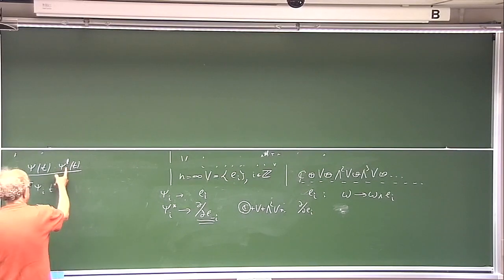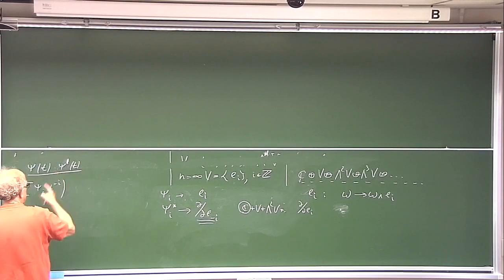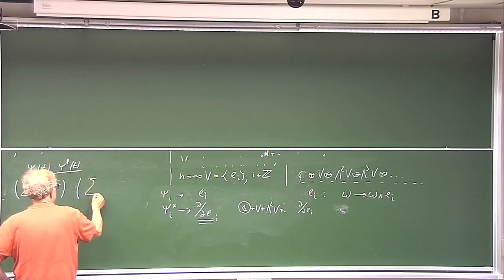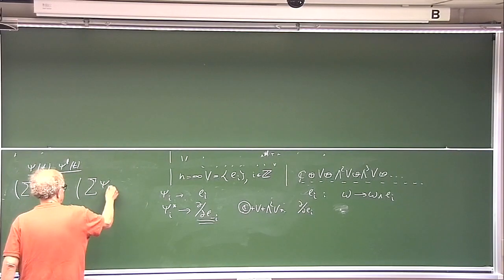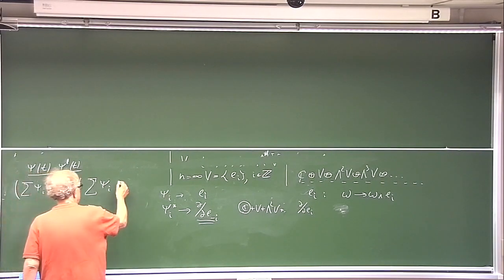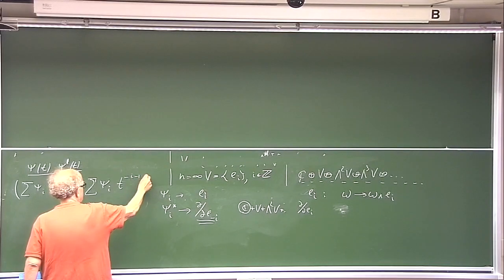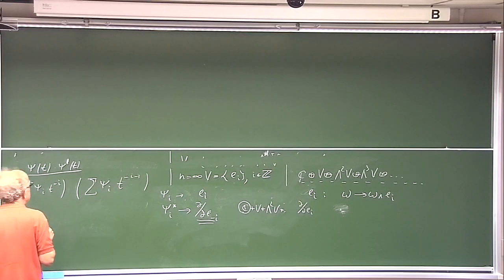If I write down this, it depends a little bit on how I understand this derivative. Again, naively I have to differentiate this, and it gives me psi I, and here I have t. Now, if I differentiate this, it gives me t to the I minus 1, and we have minus I here.